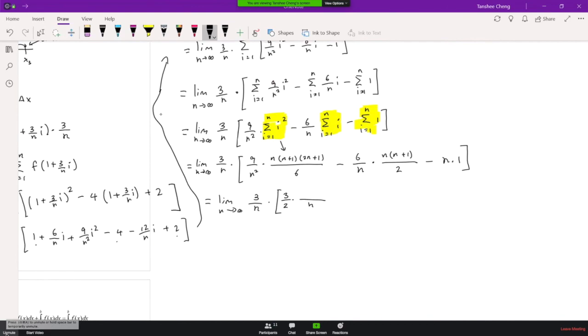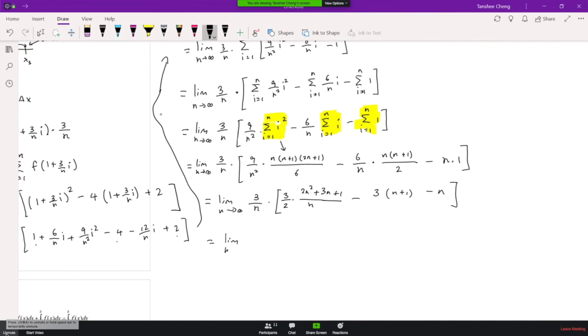When I multiply this out, it'll be 2n squared plus 3n plus 1 when I multiply these two out. Minus 6 and 2, that'll give me 3. n and n cancel out. So that will become 1 times n plus 1, and then minus n.